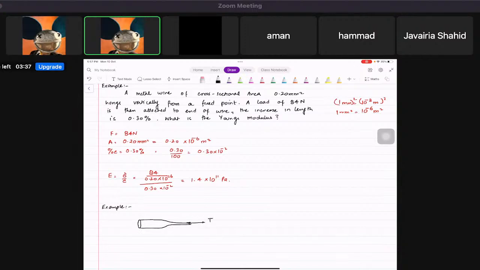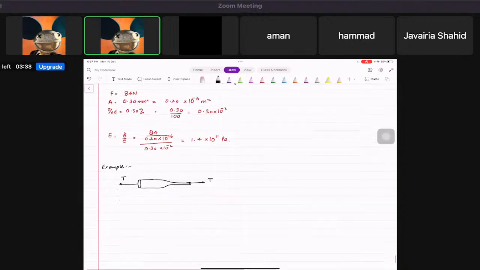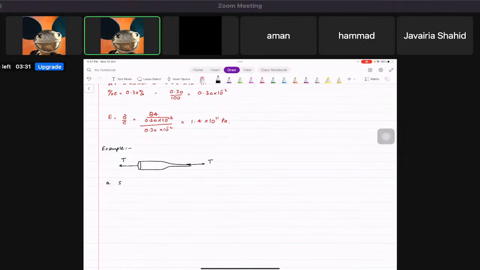And this is T, like this. And they say a steel bar of cross-sectional area is under tension T.